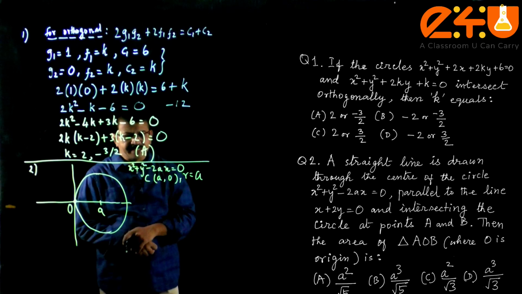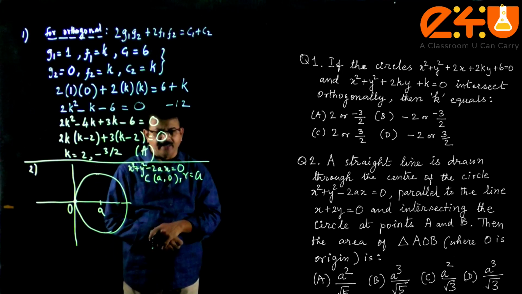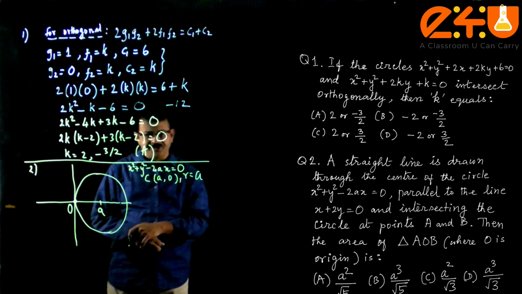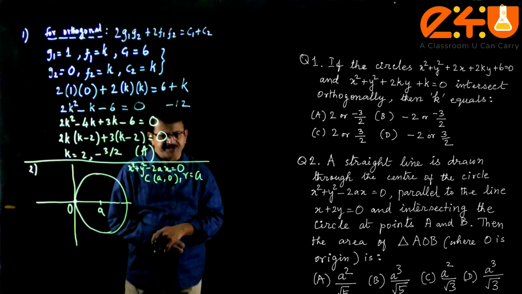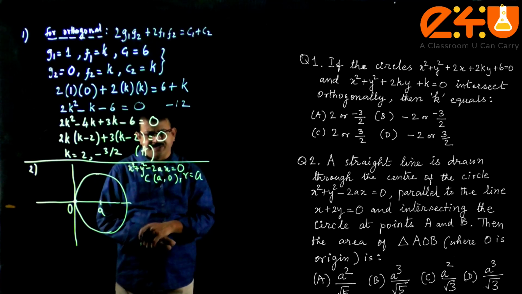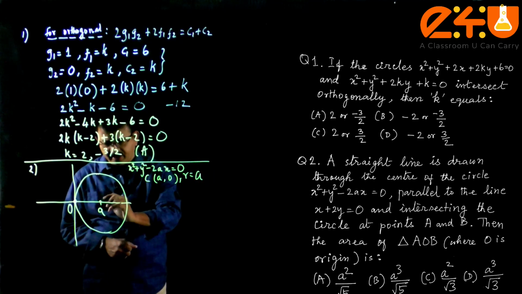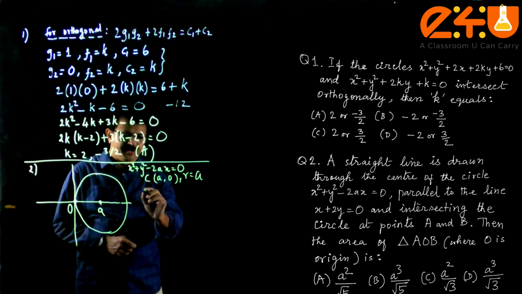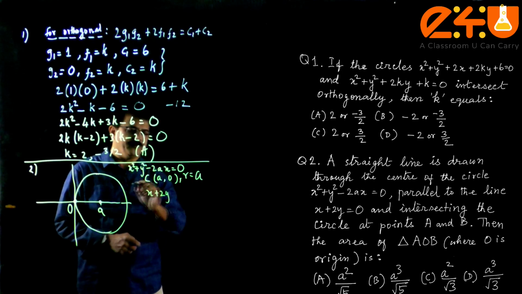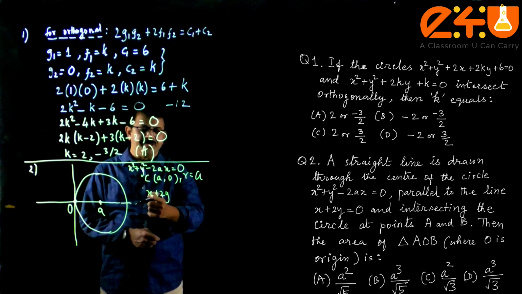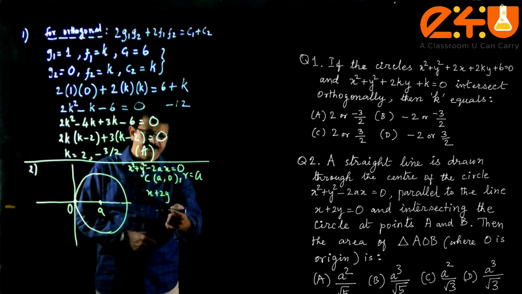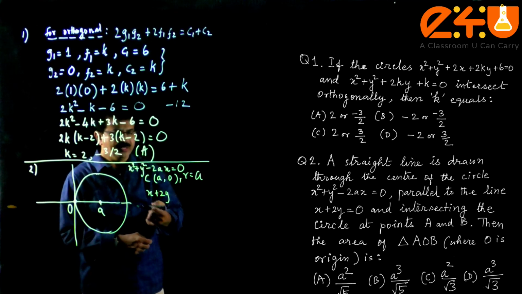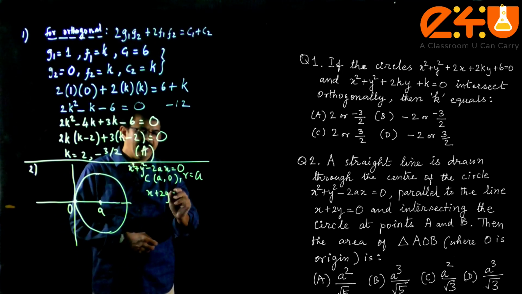And there is a line you have to draw parallel to the line x plus 2y equal to 0 and passing through the center of the circle. Yes, a straight line is drawn through the center of the circle but parallel to the line x plus 2y equal to 0. So what is the line exactly? x plus 2y. The line is parallel, so that means there is no difference in the x term and y term. Two parallel lines need not differ in x and y term, and there needs to be a different constant.